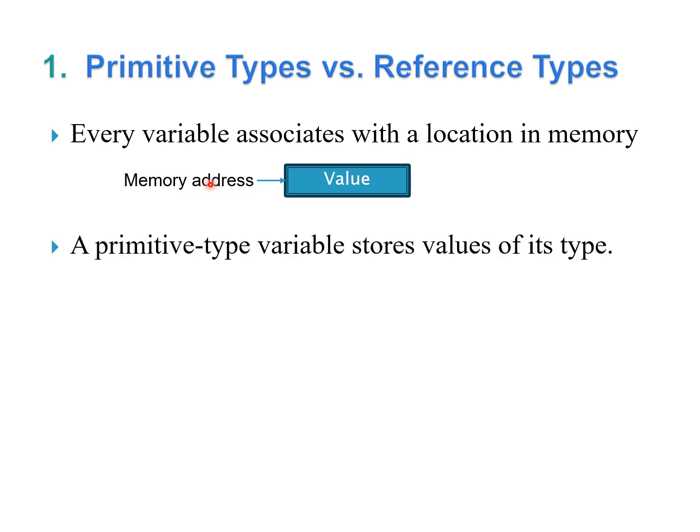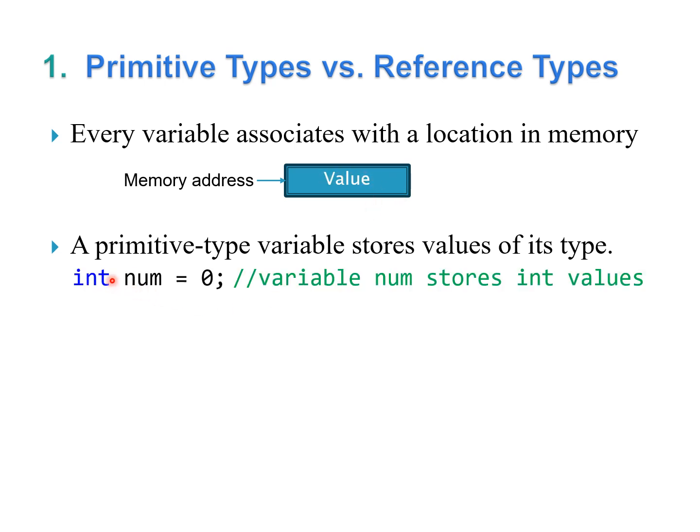A primitive type variable directly holds values of its type. For example, when you declare variable num of type int, then variable num will hold the int value stored in the memory location associated with num.